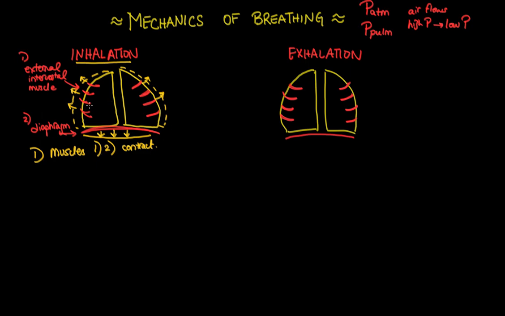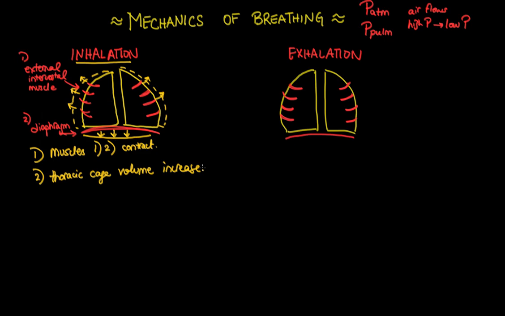So contraction of the diaphragm moves it down. As a result, what you have noticed is that the volume of the thoracic cage will increase or expand. So as a result of this muscular contraction, thoracic cage volume is going to increase. Okay? Now, of course, there is air inside the thoracic cage, inside the lungs in there.